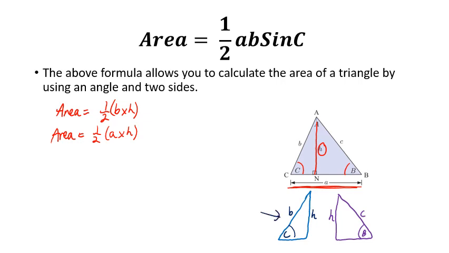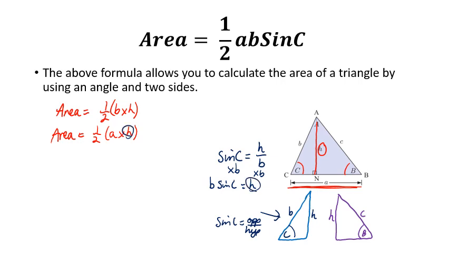Essentially we know that the sine of C is the opposite over the hypotenuse. In this particular case, sine C equals h over b. Now if we multiply both sides by b, we end up with b sine C equaling h.